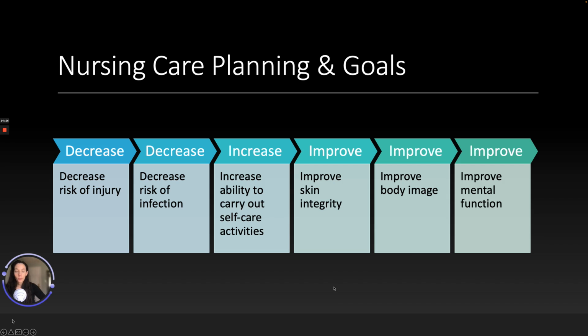Our nursing care planning goals can include things like a decreased risk of injury, decreased risk of infection, increased ability to carry out self-care activities, improved skin integrity, improved body image, improved mental function.